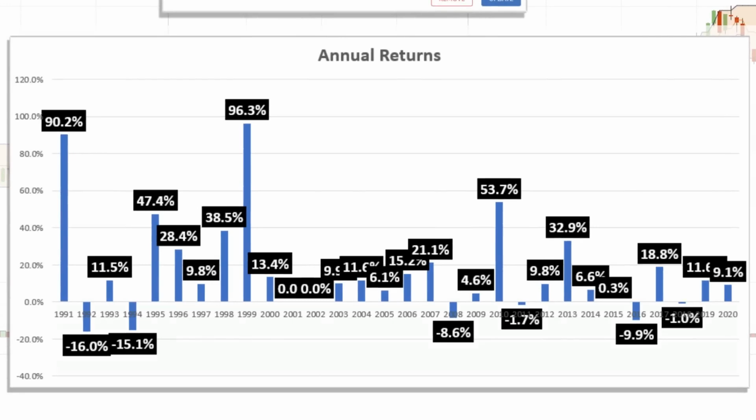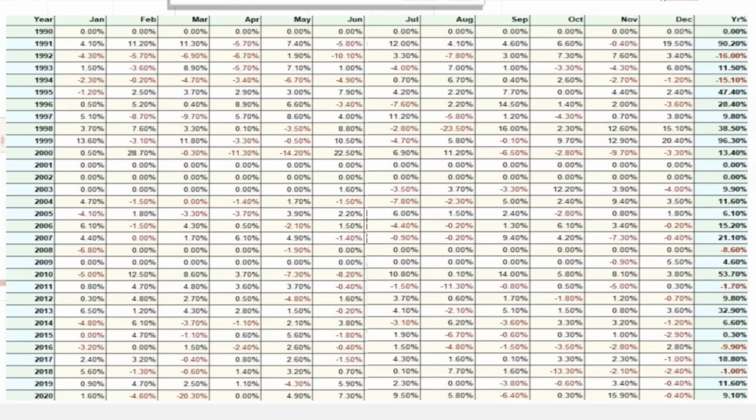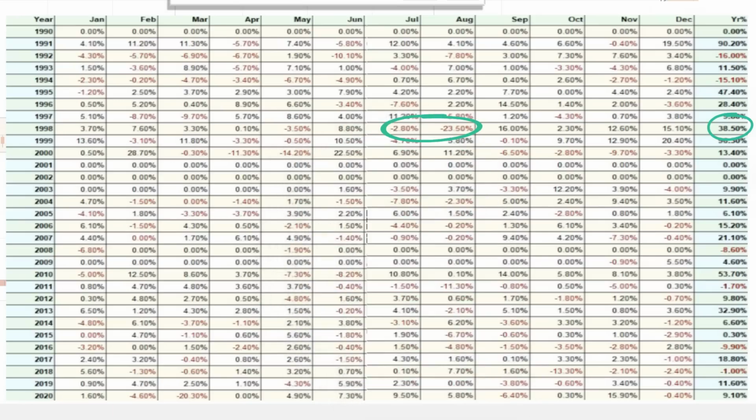From a drawdown perspective, the results look solid, but as always, the devil is often in the detail. A breakdown of the data to a monthly level shows that there are considerable drawdowns despite the annual results being healthy. In 1998, for example, the annual return was a positive 38.5%, yet there was a 2-month period which declined over 26%.